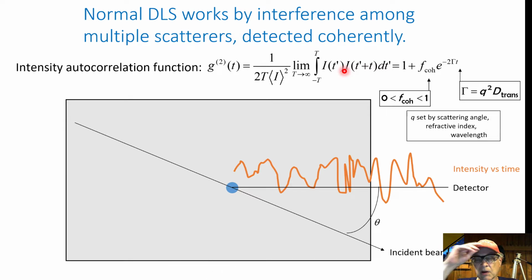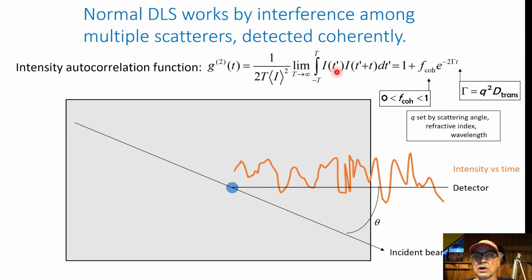Now, there are a lot of t's in this equation. So let's talk about the t's. T prime is actual time. It's like 12:03 p.m. plus 5 milliseconds or something like that.